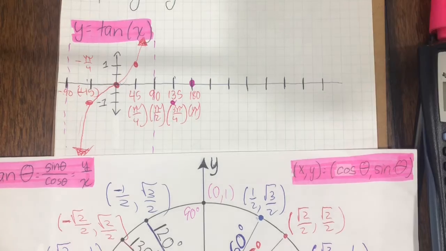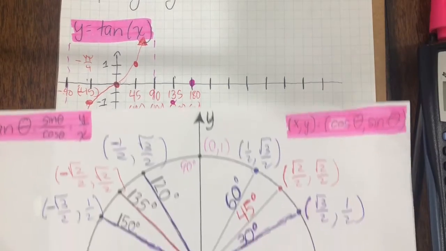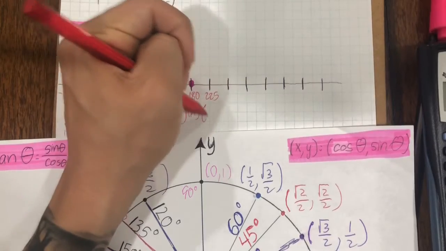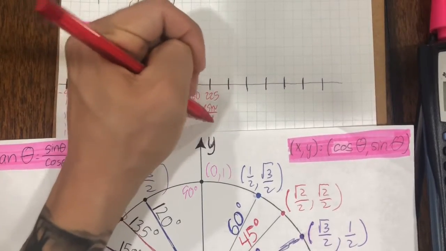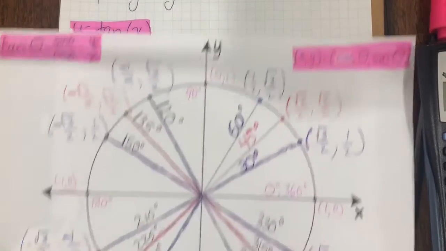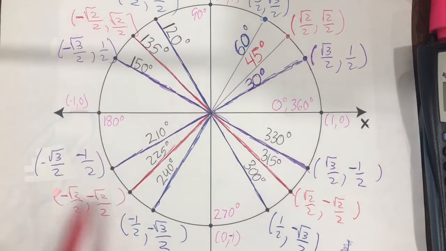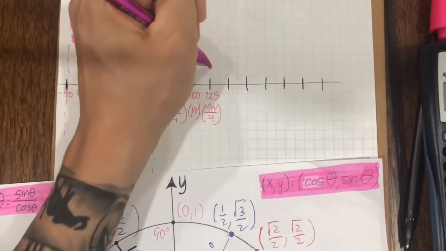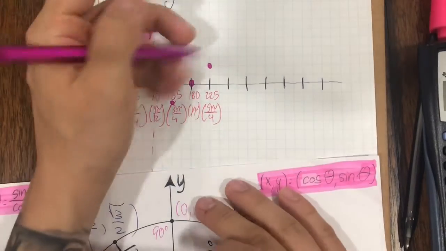Then I go from 180 to 225 degrees, which is 5 pi/4. Luckily over here, both of the two numbers are exactly the same. They're both negative √2 over 2. So if I divide those two numbers, I end up with +1.